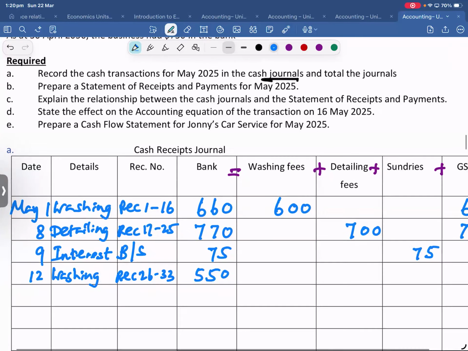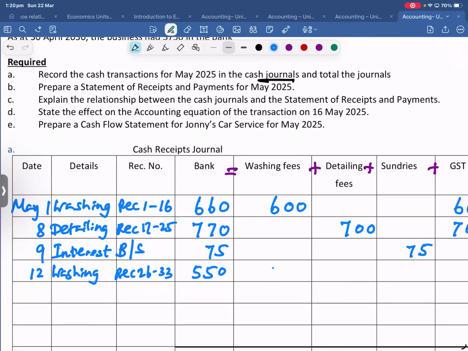Then what's the breakup of this? Washing fees, how much? Very good, 500, and the remainder GST. Good.